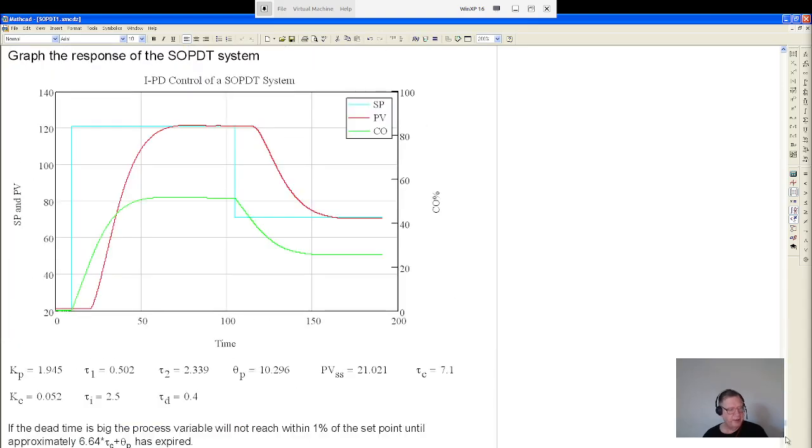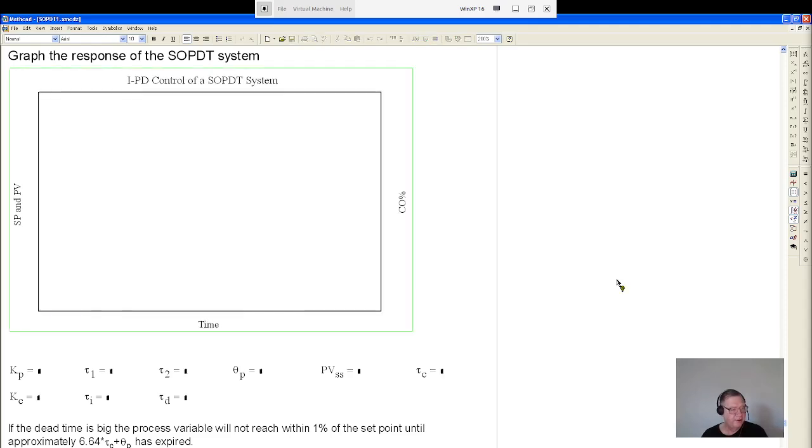So we're going to go back to the plot. And you can see that the closed loop time constant has increased from 0.71 to 7.1 because I've increased the dead time by a factor of 10. But you can still see that it controls nicely. And let me just show some more.